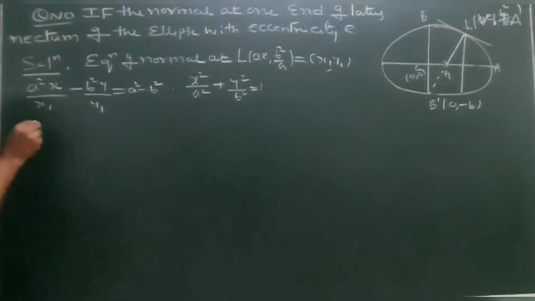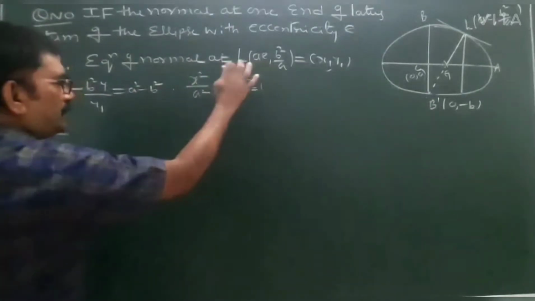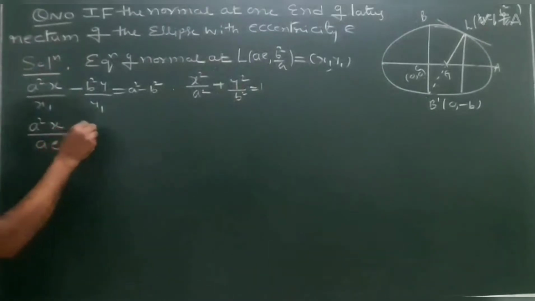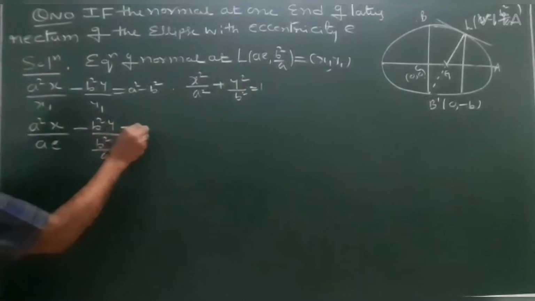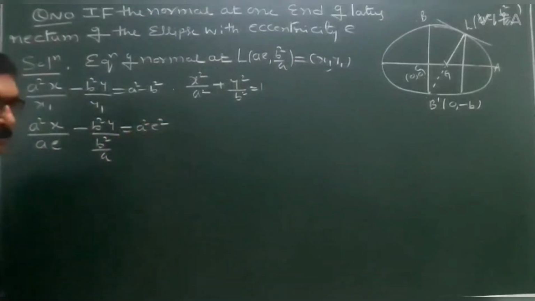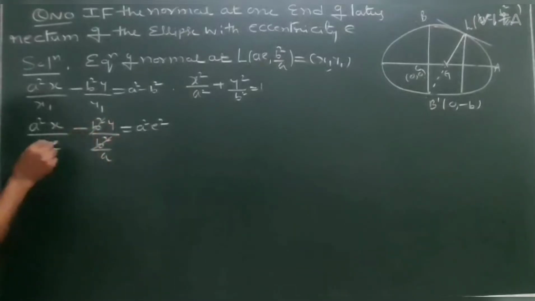Now I will write this as a²x/x1. You take this as a² x/(ae) − b²y/(b²/a) = a²e². Now, if you want, you can cancel out.